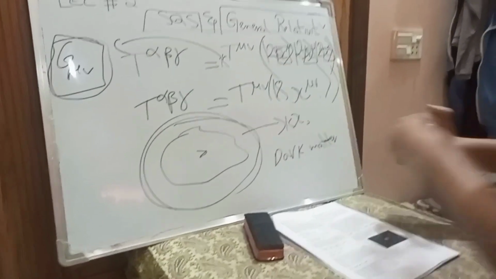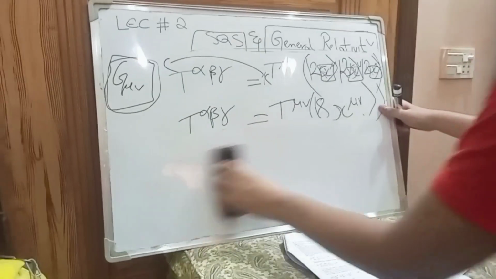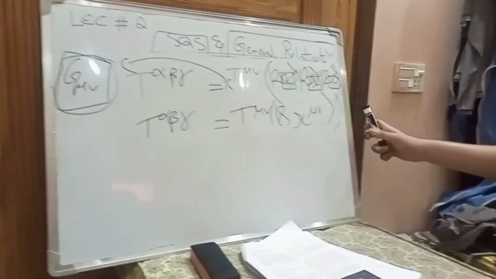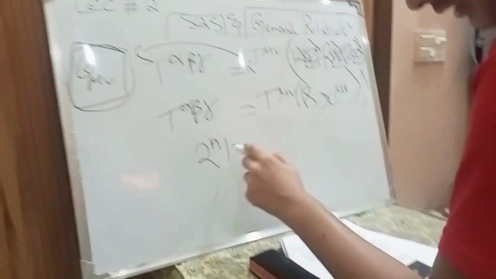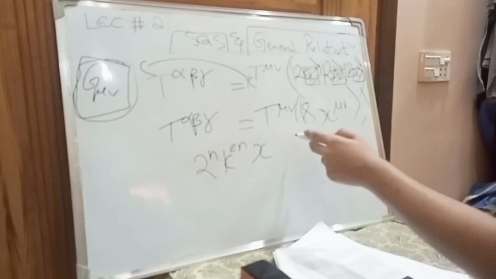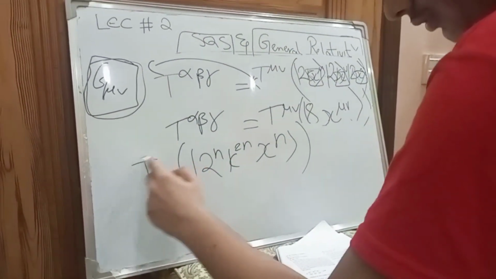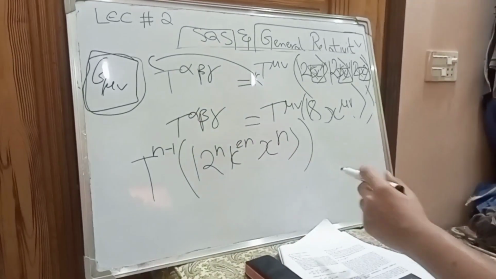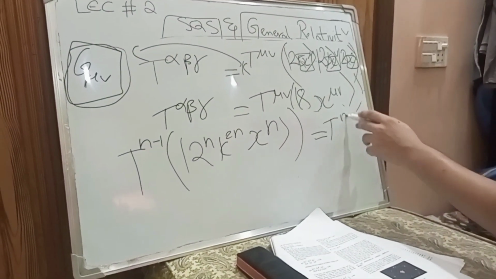So by applying this concept, we get something like a Neil Bohr concept. We get something like 2n k to n, and n as a function of n minus 1. Right here, t n.